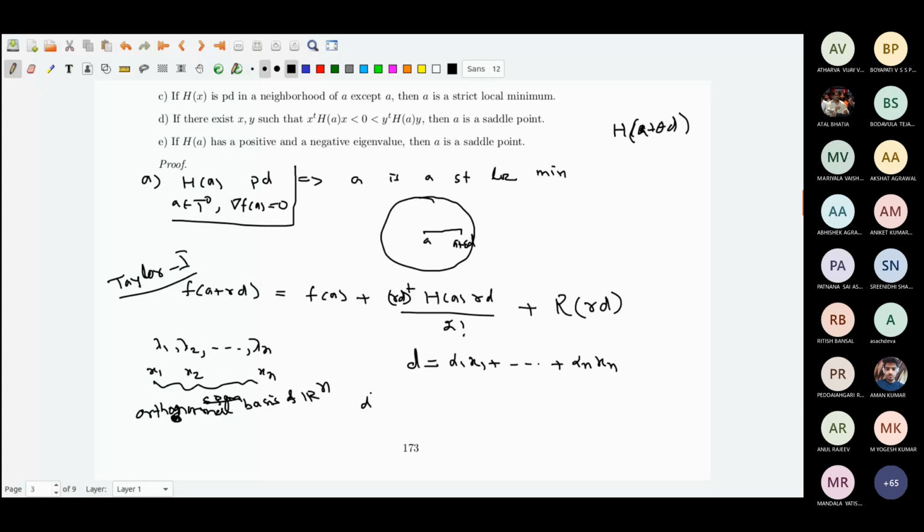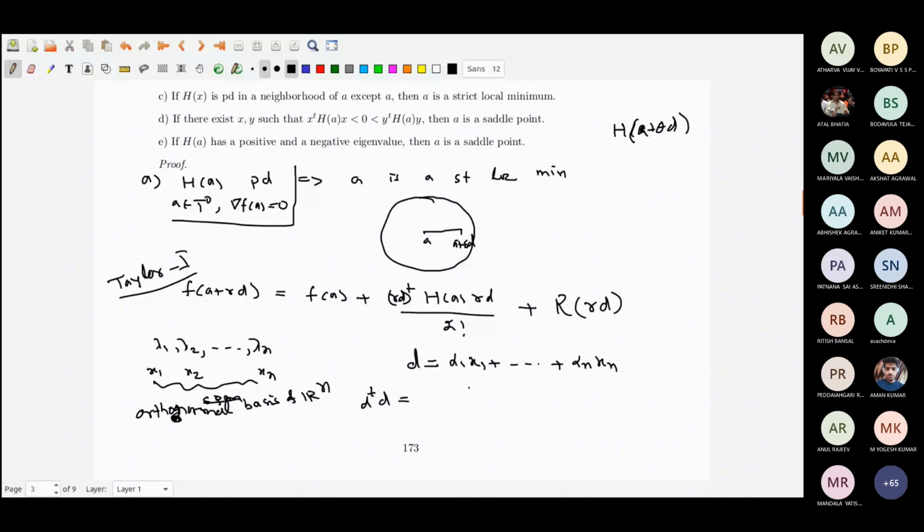Now D transpose D, if you take this one, and by the way, alpha 1 through alpha n are nothing but real numbers here. In the complex case, I would have the complex conjugation problem, but here I don't.